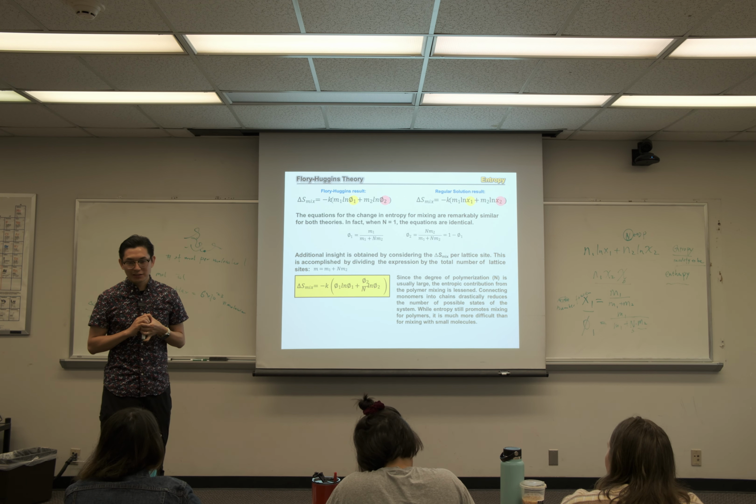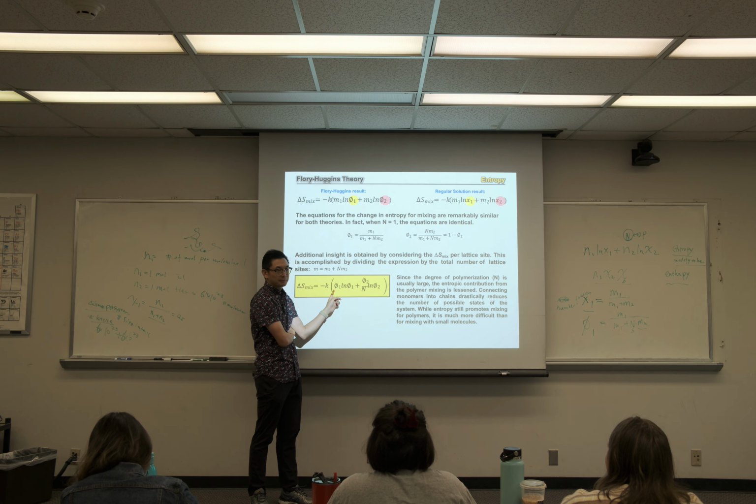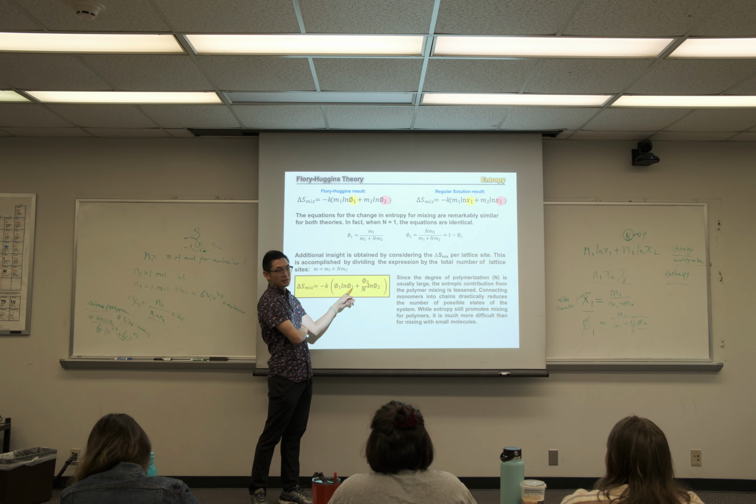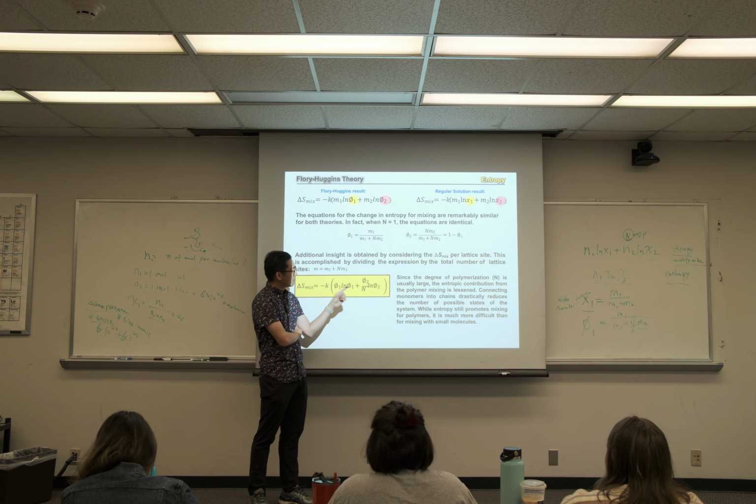The entropy contribution from the solvent is more or less the same. Phi 1 is equal to 0.5, so 0.5 times ln 0.5. But when we think about the entropy contribution from the polymer, it's much lower.